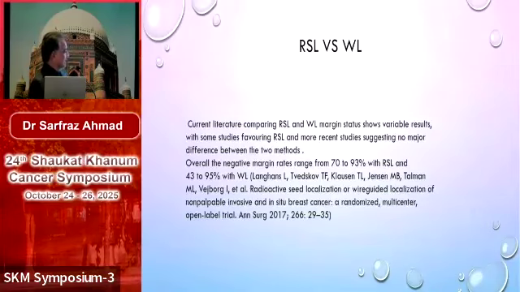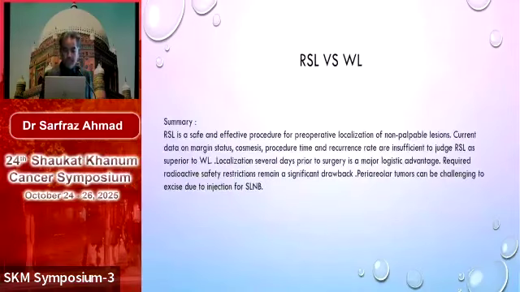Overall negative margins in radioactive seed localization is 70 to 93%, and 43 to 95% for wire localization. There is a small difference, but still there is a difference. So radioactive seed localization is a safe, effective procedure, but as I discussed before, there are radiation safety precautions and logistic issues.